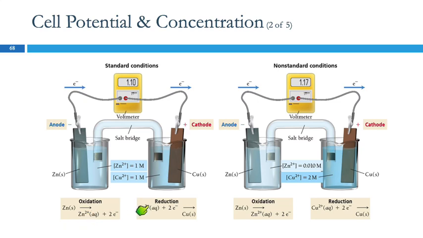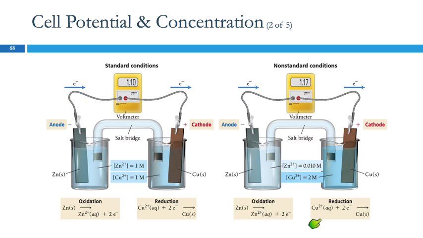If we think of these half reactions, one's an oxidation, one's a reduction. If this product concentration goes from 1 down to 0.01, how would that affect this equation? It would shift to the right, right? Le Chatelier's principle.